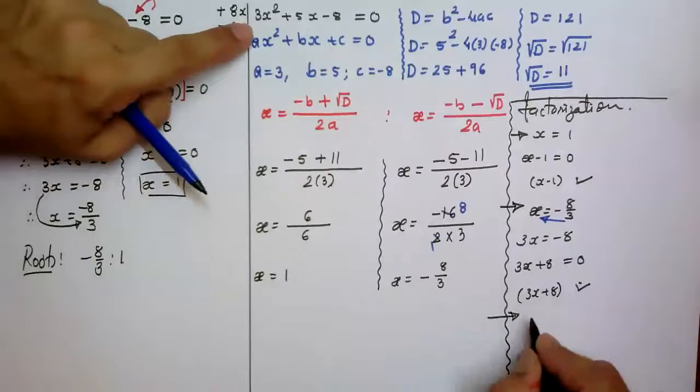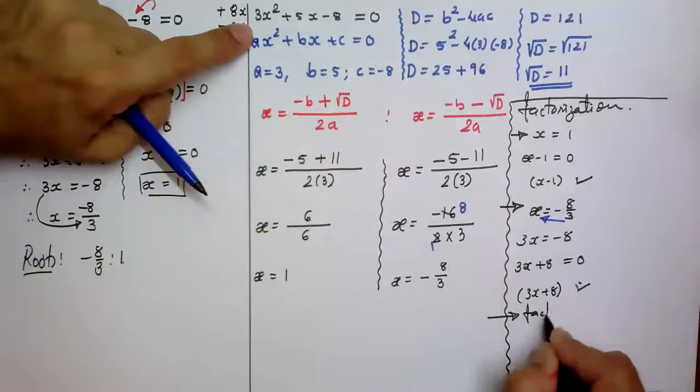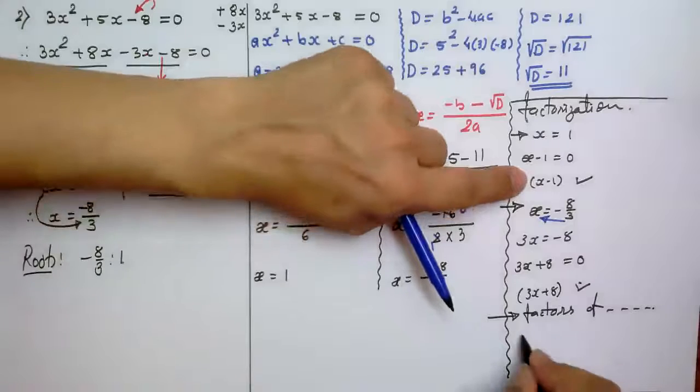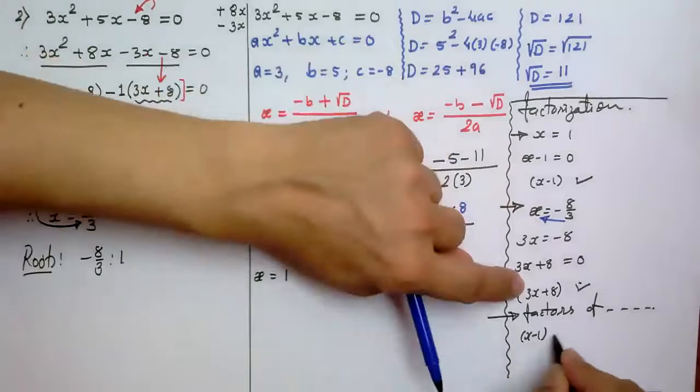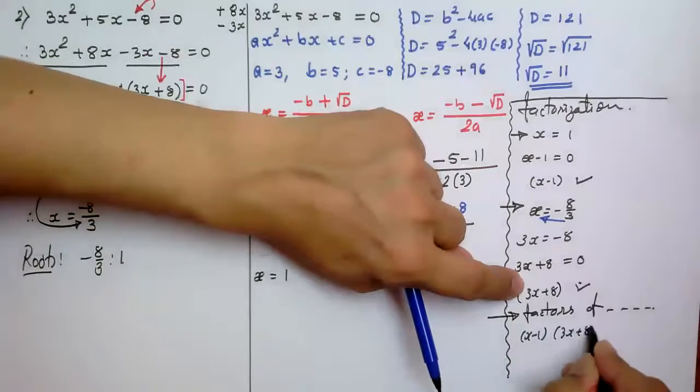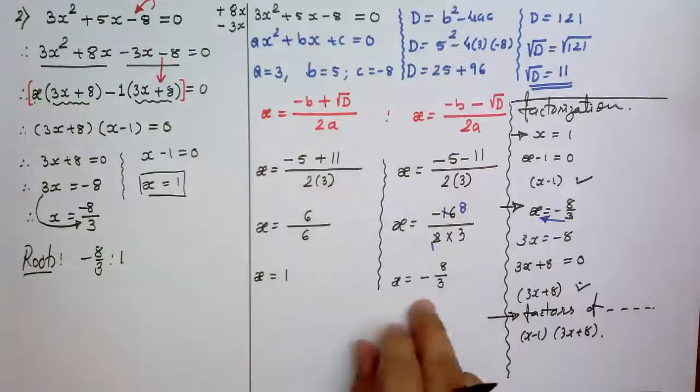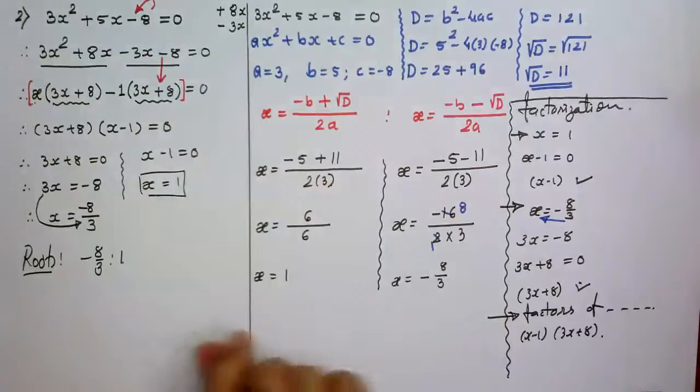Factors of the given quadratic are x minus 1 times 3x plus 8. These are the factors. Okay, so this formula can be used for both the purposes, roots as well as factorization.